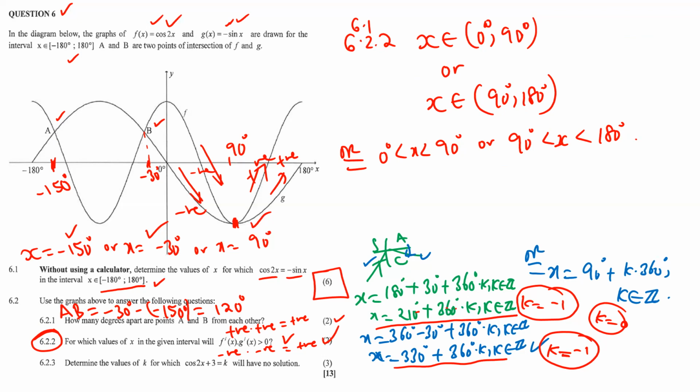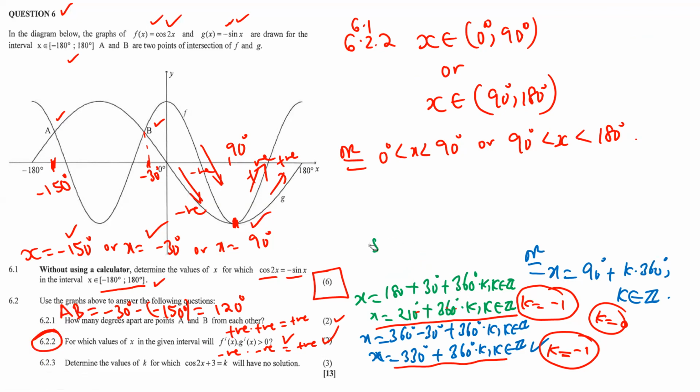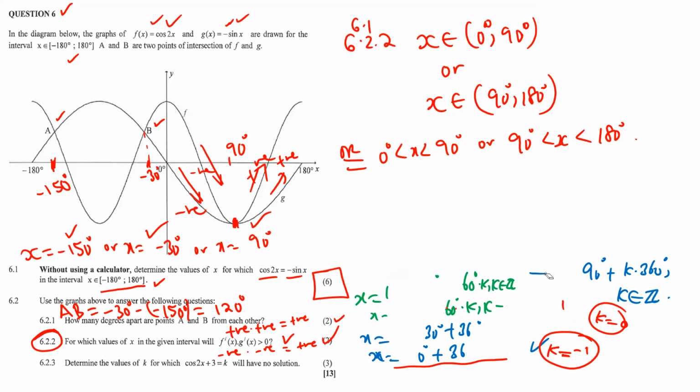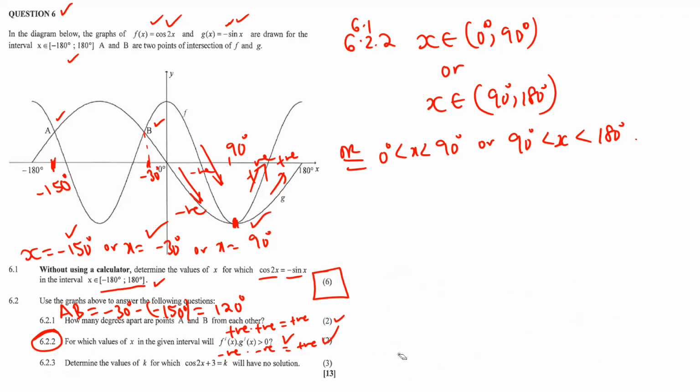Okay. 6.2.2. Right, so we have this. So now we look at 6.2.3 now.